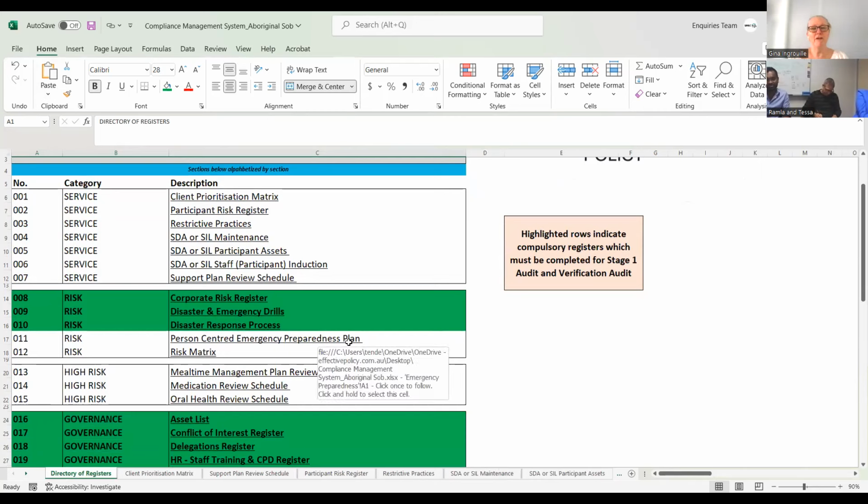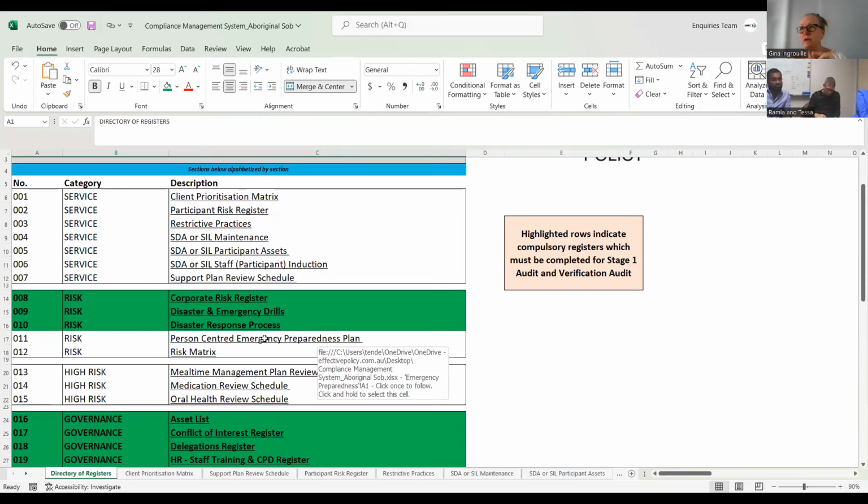Person-centered emergency preparedness plan. Now, this all came in with COVID, really. But now we've got such extreme weather patterns, it's not going anywhere either, you know. So not only do we have an organisational emergency and disaster plan, but we also need now to have a person-centred emergency preparedness plan for every person.